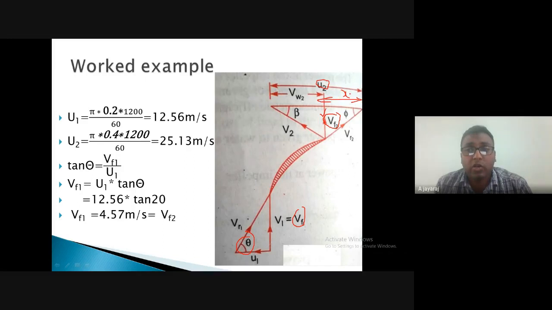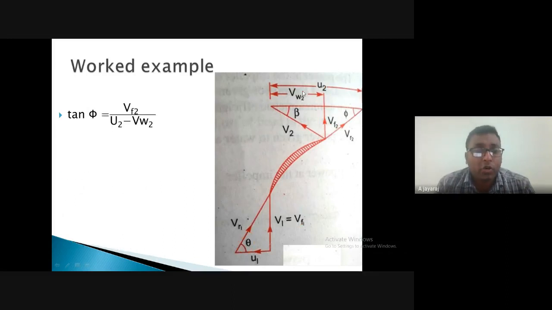After finding x, I'll subtract it from U2 in order to obtain the whirl velocity at the exit. Applying tan phi at the exit side, tan phi is equal to opposite by adjacent side. I represented this as x, or simply I can write U2 minus Vw2.